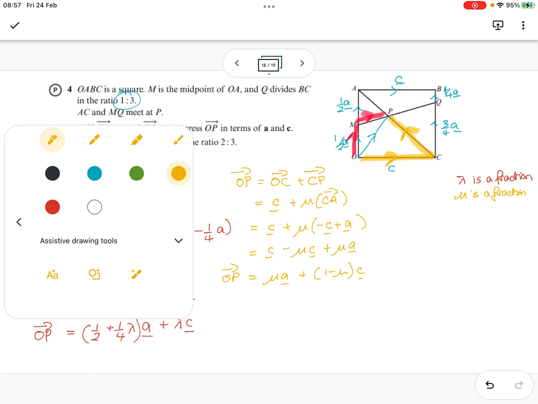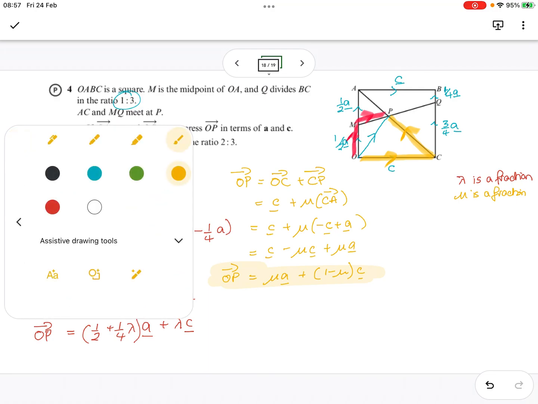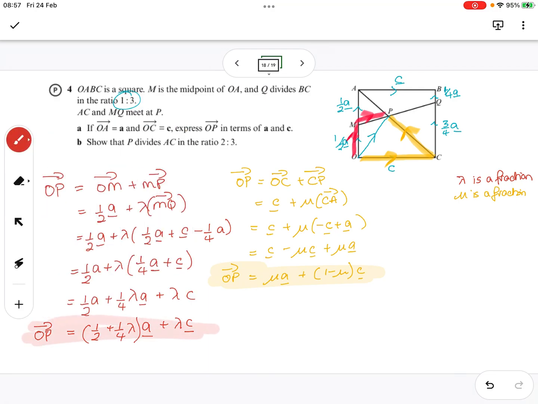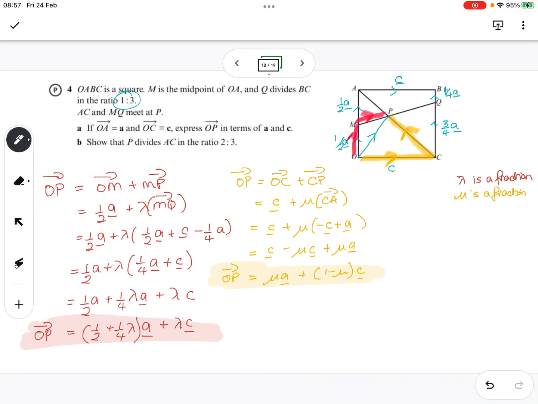Okay, and that is my OP. So as before, because these two vectors go to the same place, O to P, they are the same vector, so these two must be the same, and we should be able to equate our coefficients.